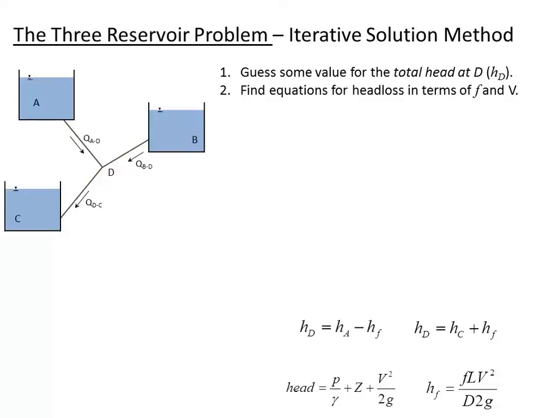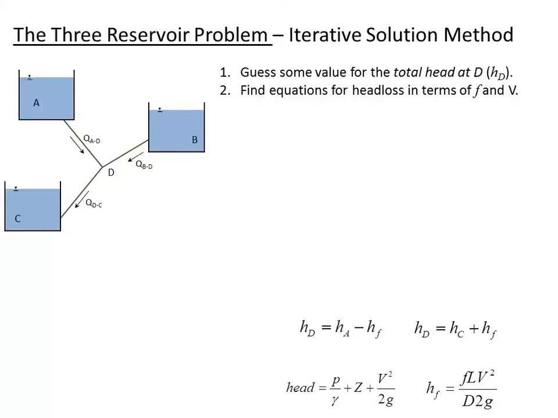Now, we're going to set up equations for head loss in terms of F and V. And so with this formula, if we wanted to find the head at D, we'd say the head at D is head at C. And head at C will be known because what will be given in a problem like this is the water surface elevations.